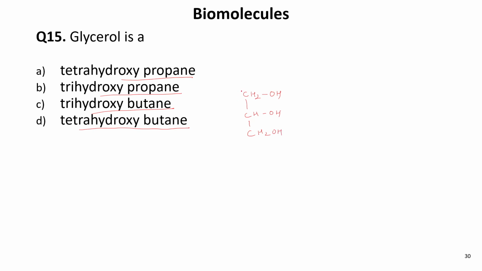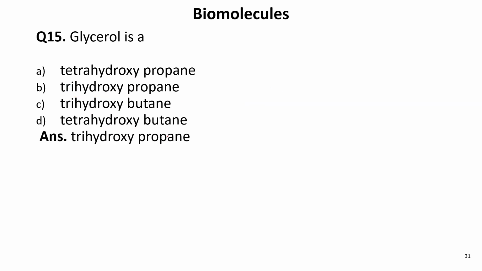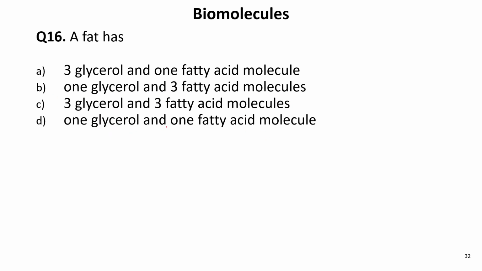If you name meth, eth, prop: trihydroxy means 3 hydroxyl groups are there, and you have 3 carbons. So this is propane, and trihydroxy means 3 hydroxyl groups are attached. So the correct answer is trihydroxypropane.